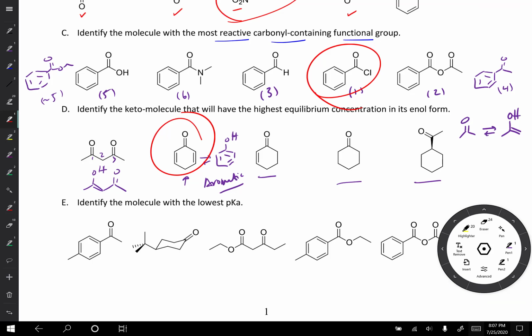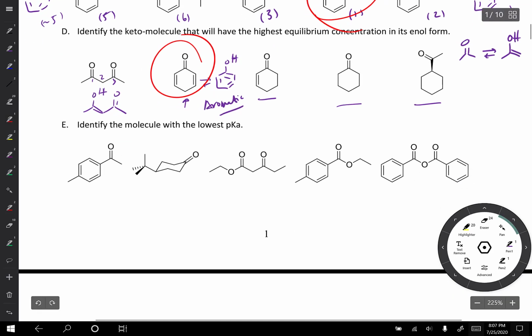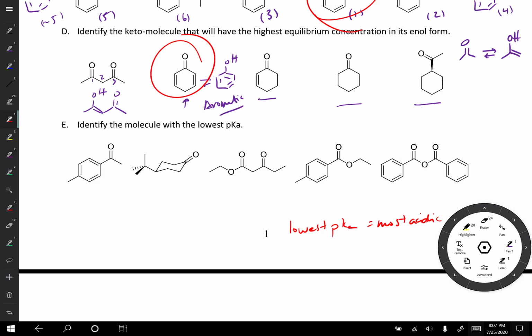Identify the molecule with the lowest pKa. All right, lowest pKa we know is the most acidic, right? Most acidic. Okay, so when we look at these compounds, right away we want to look at alpha hydrogens because we've got these carbonyl containing compounds. So I'm just going to, in purple, circle where there are alpha hydrogens.